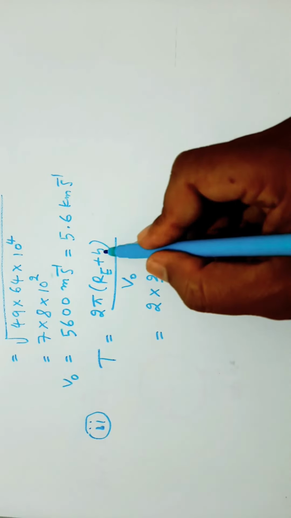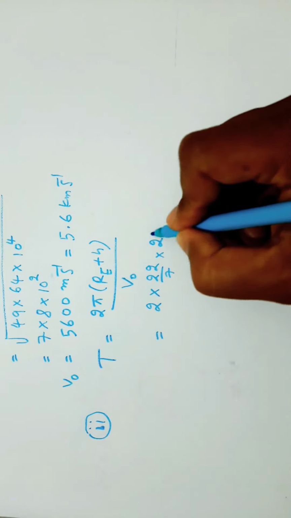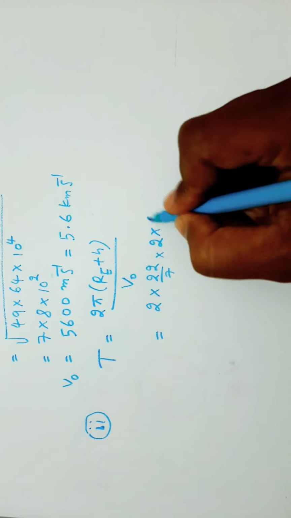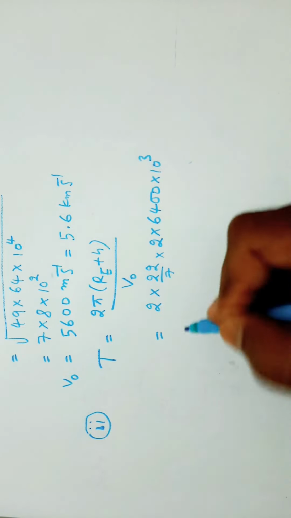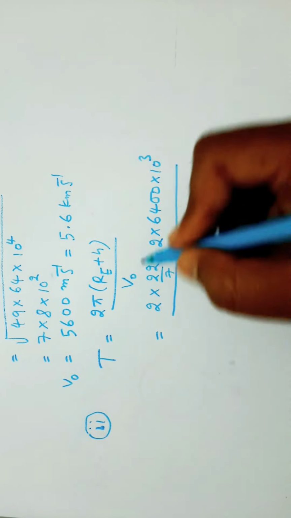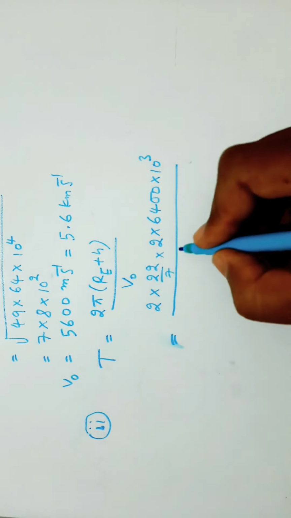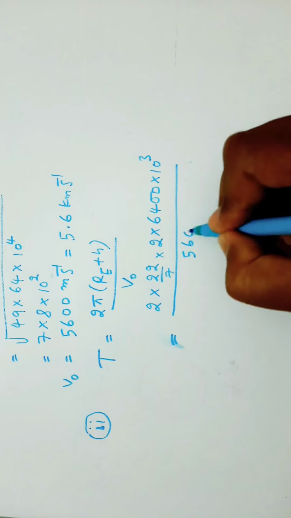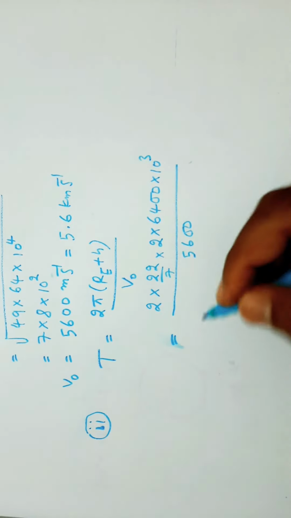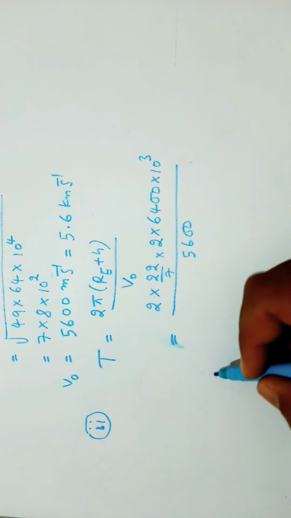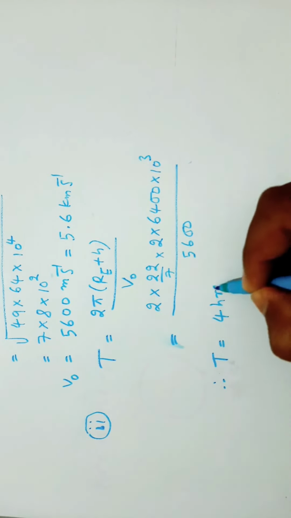Here h is equal to Re, so Re + Re is 2Re, that is 2 into 6400 km, which is 10^3 meters, by v0, which is 5600 meters per second. If we solve this, we get the time period of the satellite as 4 hours.